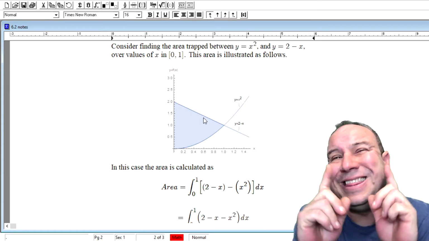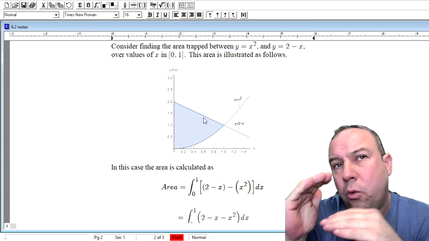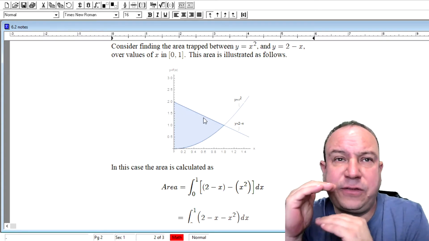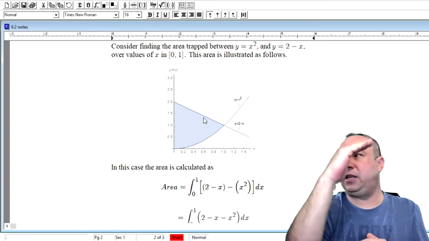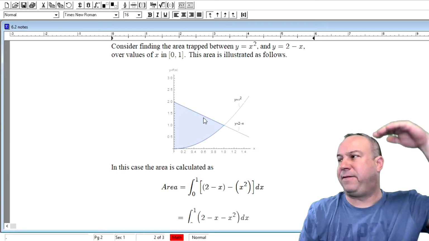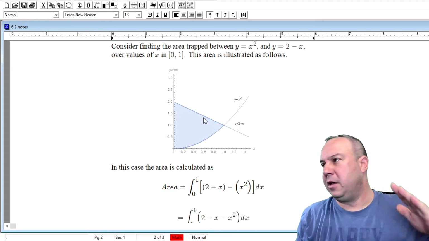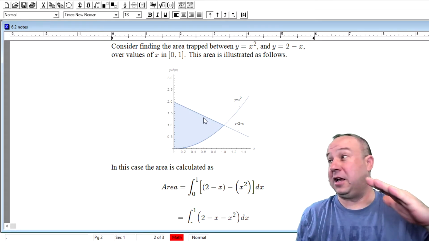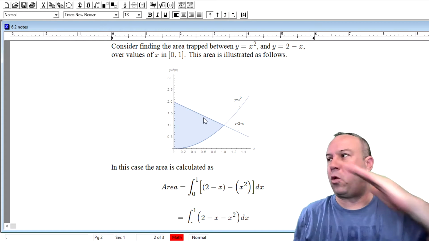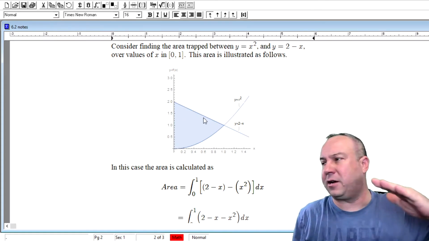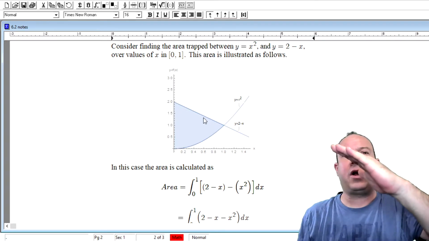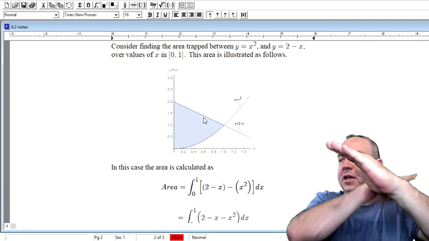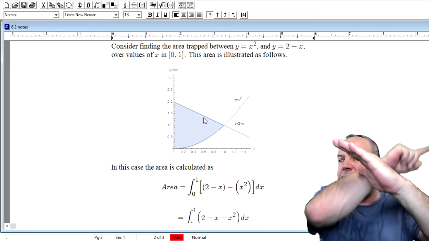Now, in this calculation, we were looking at those lengths forming vertically between the function that occurs in the upper region. In this case, it's that function, y equals 2 minus x, coming through space here. That defines the upper bound of this region, whereas the lower bound is defined by that parabolic curve sweeping through the space.